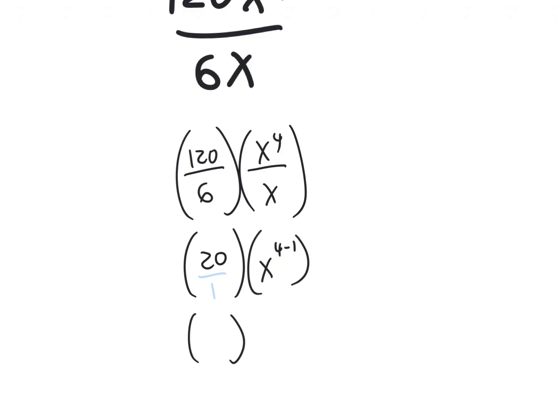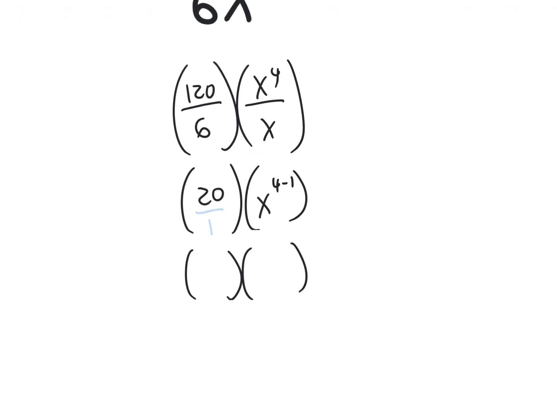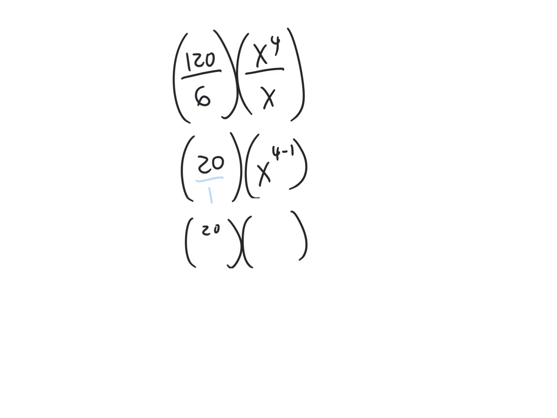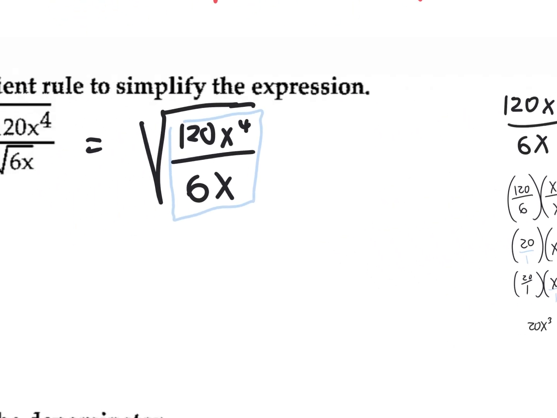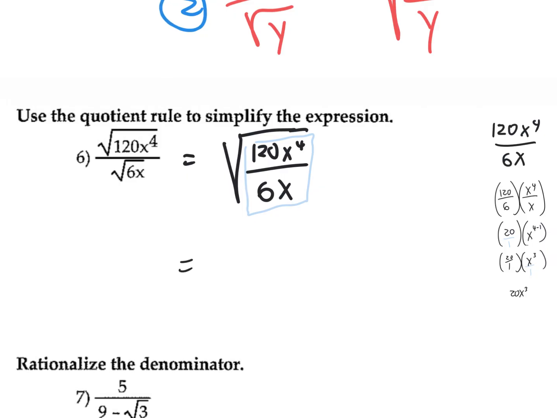Okay, cool. What does that become? Well, that's really 20 over 1. And then we have x to the 3, secretly over 1. And then next thing you know, multiply straight across, you have 20x to the third.